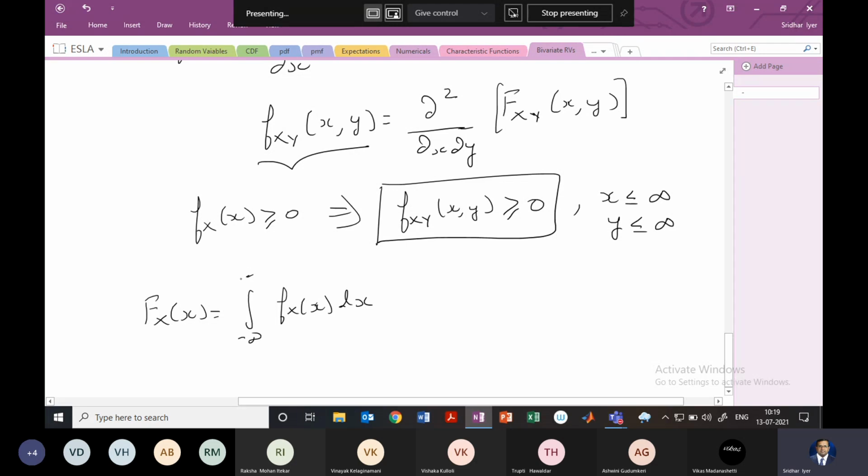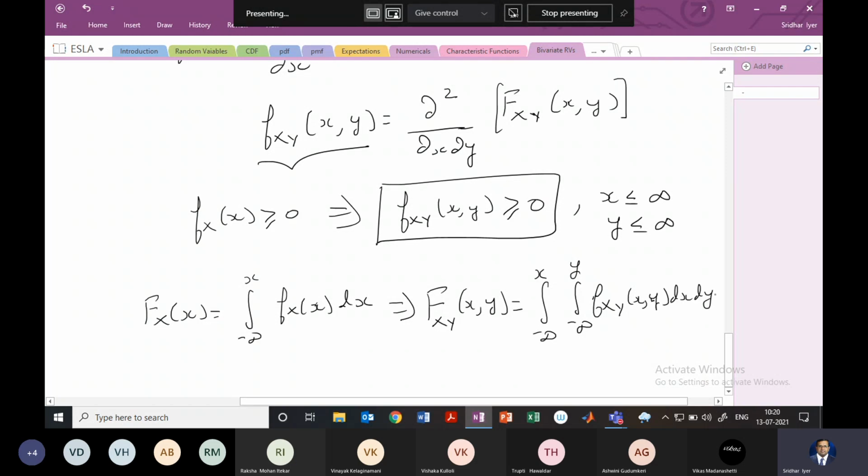If I do this from minus to plus infinity, this value will be 1 because it's the total sample space. But if I want to find it till a particular point, it will be minus infinity to some point x. Extending this, if you have to find F_XY(x, y), now instead of a first order integral we are going to have a double integral, a second order integral. So you'll have minus infinity to x, negative infinity to some y, of f_XY(x, y) dx dy, right?